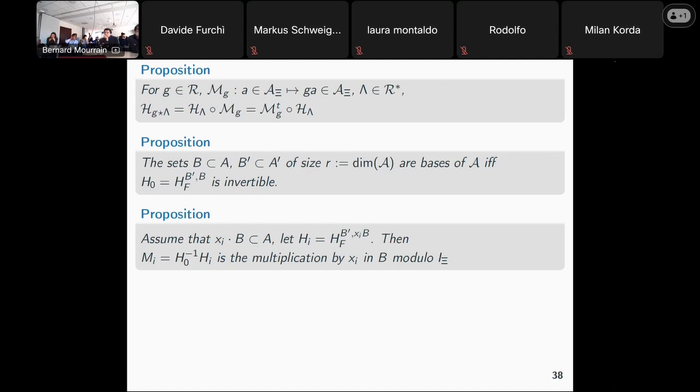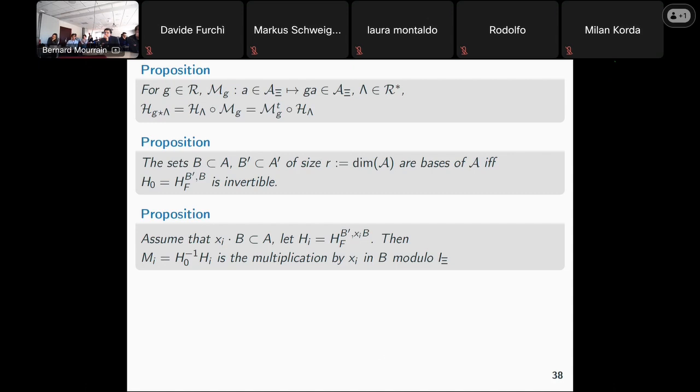If we have moreover the property that when we multiply the B by variables, we stay in A, then we can look at the matrix, the Hankel matrix associated to B prime, our basis, and the shift of B by xi. We multiply by xi. These are new polynomials, and we look at, remember, this Hankel matrix is like a Gram matrix where you collect the products of the polynomials indexing the rows and columns with H. So we can compute easily this matrix.